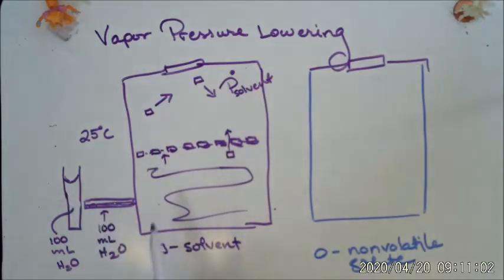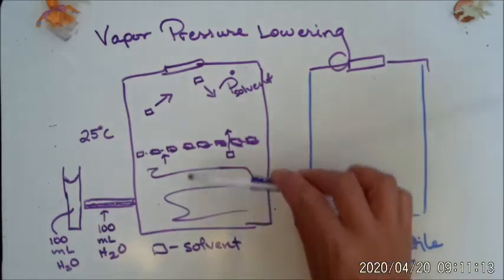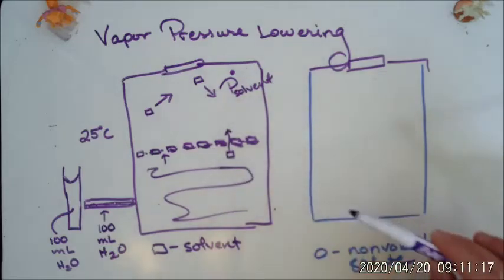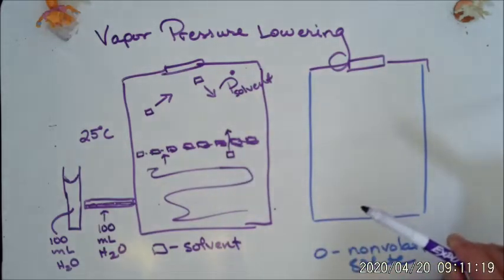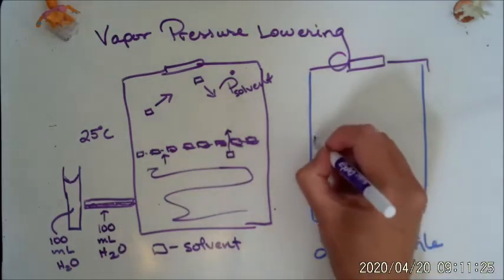No, the actual pressure by the solvent is exactly the same. But if you're talking about the rate at which this will go into the gas phase, I have more of this in the gas phase here because I have basically a large surface area. But what happens when I have a non-volatile solute?